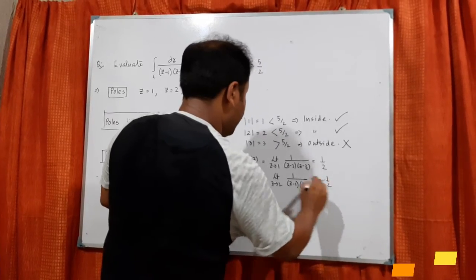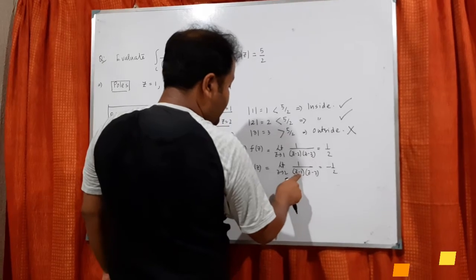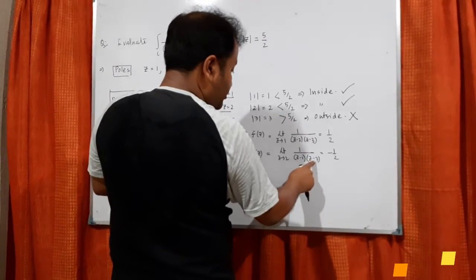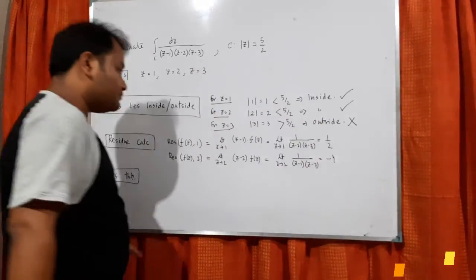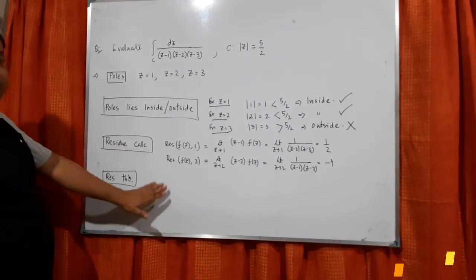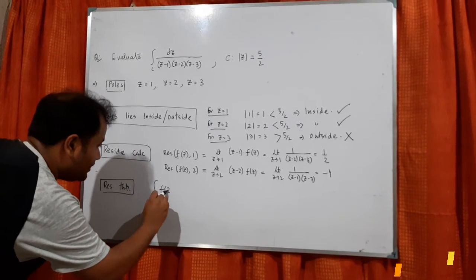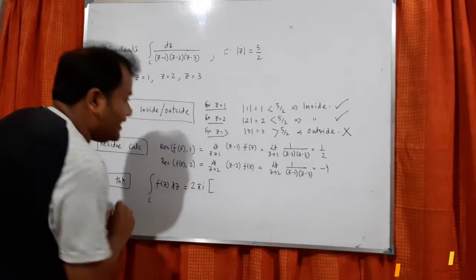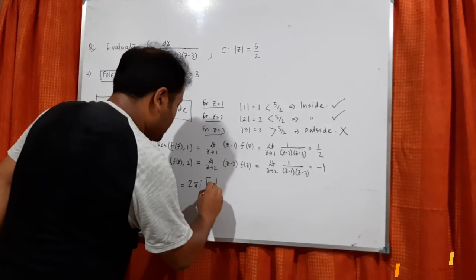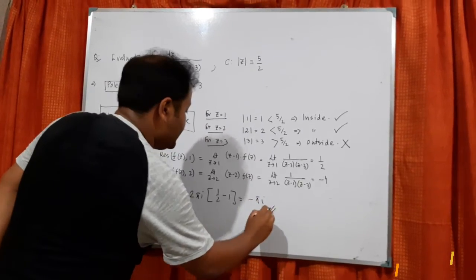Oh sorry, if you put 2, it will be 2 minus 1, so 1, and 2 minus 3, so it will be minus 1. Fine. So we can find the residues. Now what is the integration? So integration over C of f(z) dz will be 2 pi i, then the sum of these two, half minus 1, so minus pi i. That is the final answer.